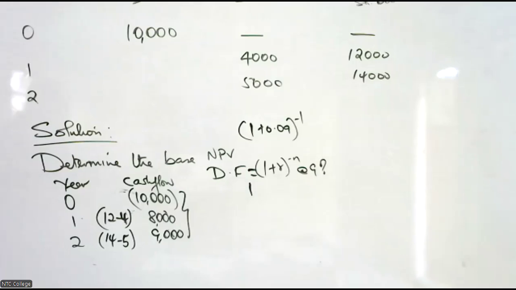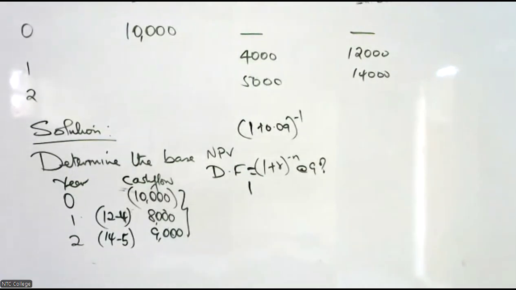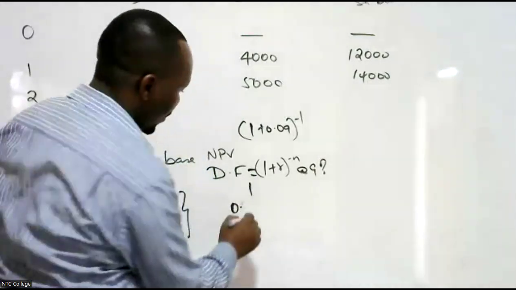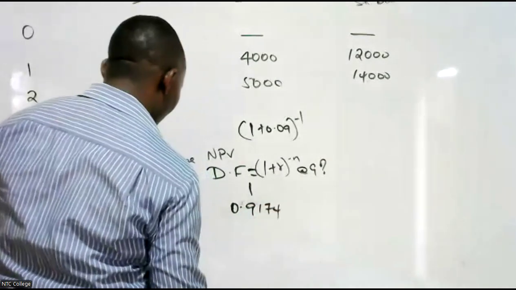What are you getting? 0.9174. Okay, the next one.